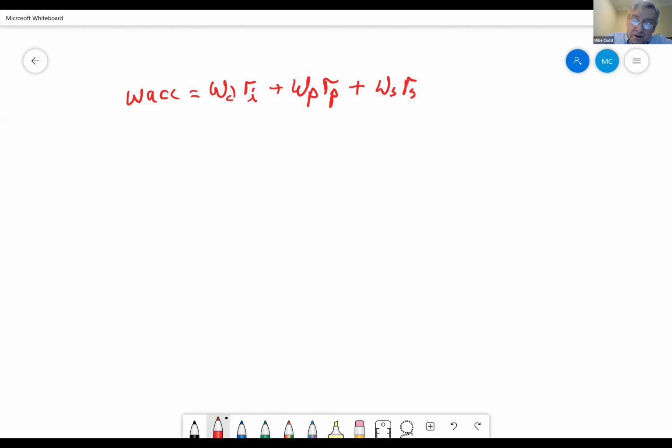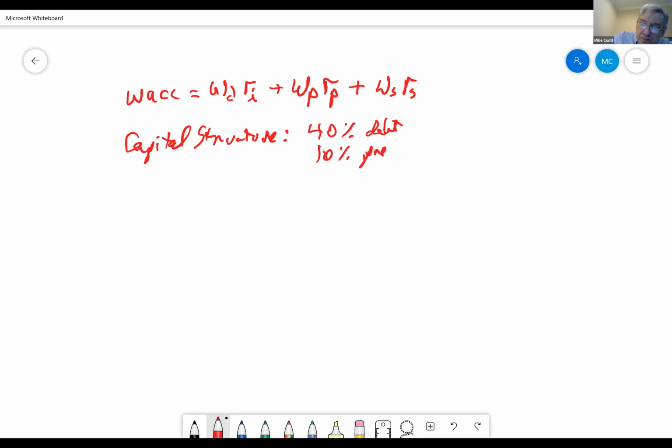What if our company had the following capital structure? Let's say it's, I don't know, 40% debt, 10% preferred, and 50% common equity.